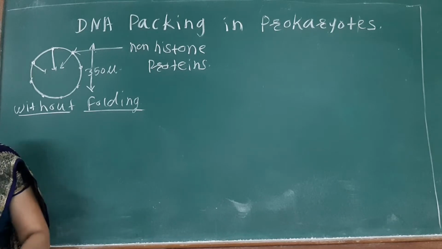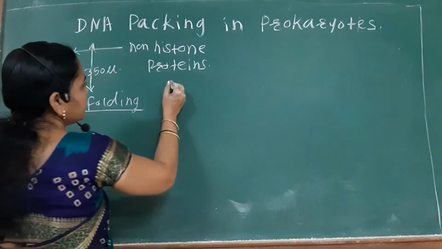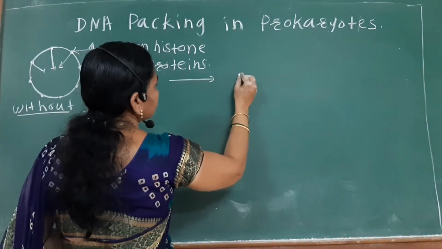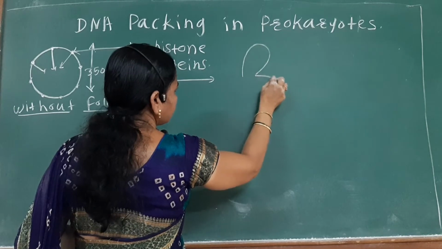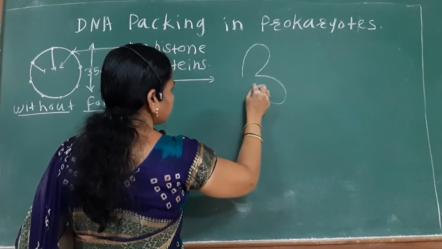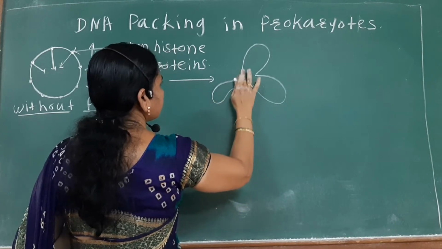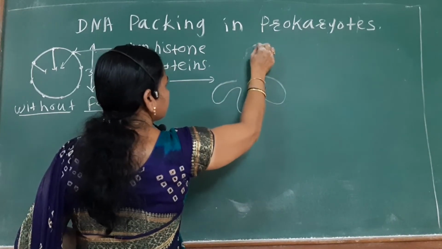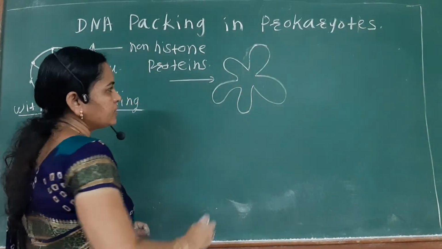These are known as loops or domains. So see here how the folds are produced. These are the folds which are produced.